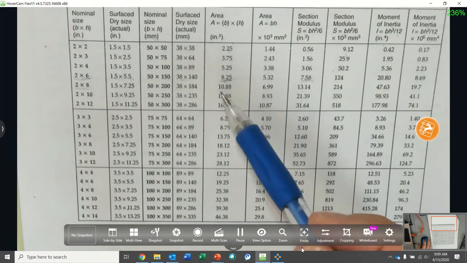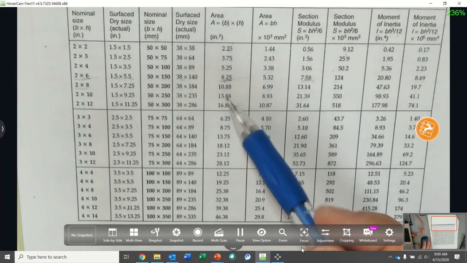For right now, I can say a 2x10 will work.